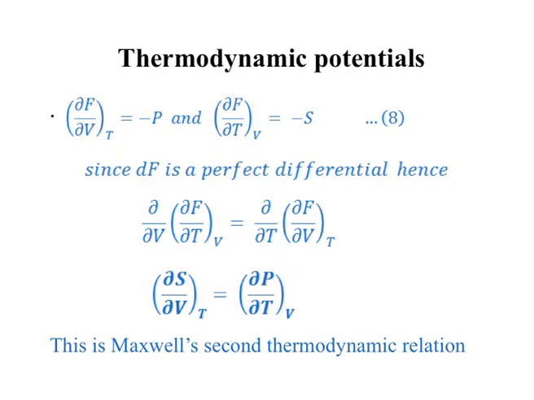In this we have taken 2 independent variables, temperature and volume, and we considered the partial differentiation of F, and we calculated the second Maxwell's thermodynamic relation as dou S by dou V at constant temperature is equal to dou P by dou T at constant volume.